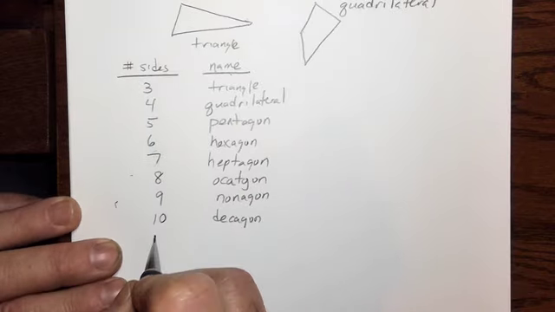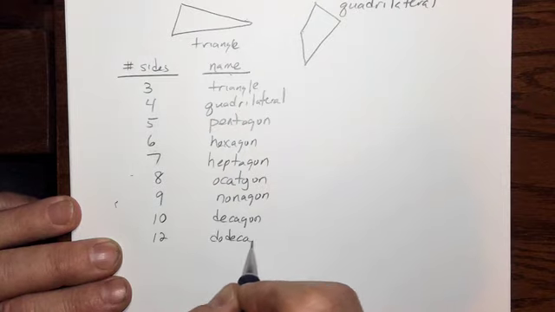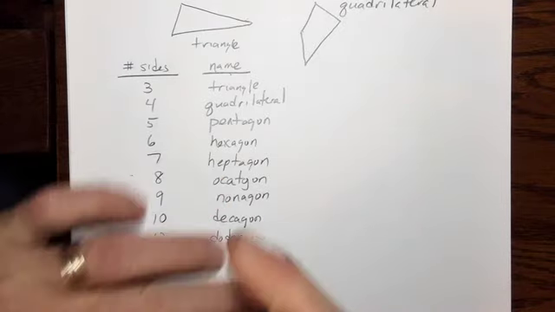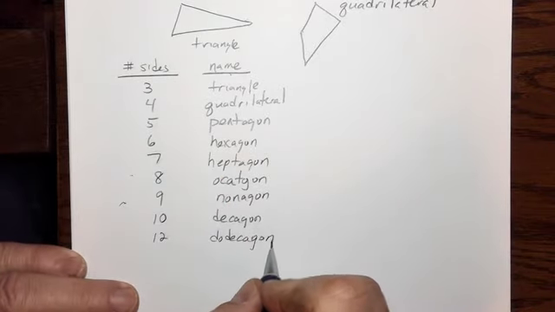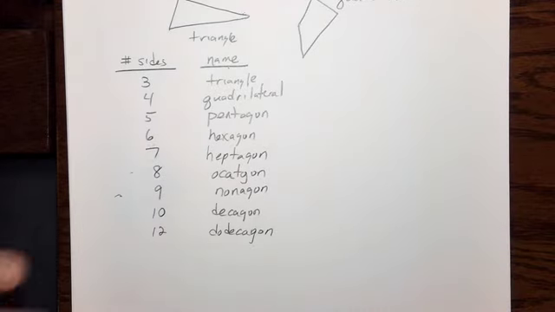And then there are some others. There's 12, it's called a dodecagon. And there are names for 11 and 13 and so on. You can look those up if you're so interested.